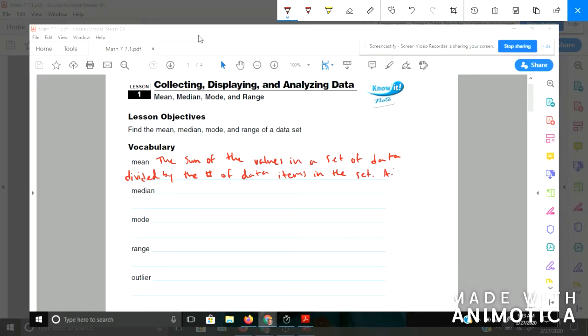Sometimes this is also known as the average. A lot of times people say find the average. What they are saying is find the mean. Add up all your numbers and divide by how many there are is essentially what that is.